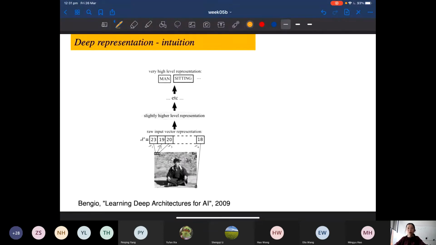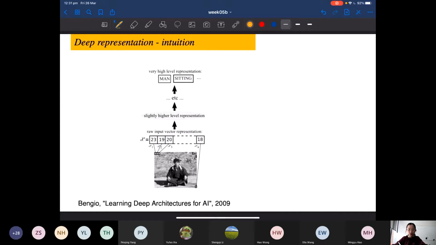So then you might ask, what are these deep layers doing? There are lots of tools to visualize the different neural network layers, even online. Here is an illustration from Yoshua Bengio in 2009.